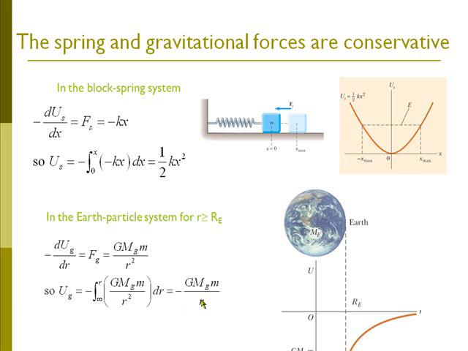So that, for example, when r is equal to infinity, there is no gravitational potential energy. And we can see that this is true in this graph of 1 over r.